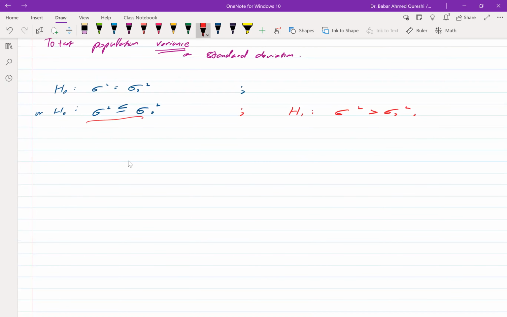Well, if you have this null and this alternate, that means you will be rejecting this null if the variance comes out to be large.